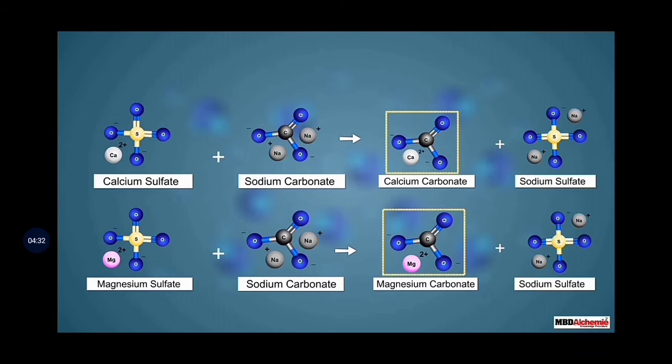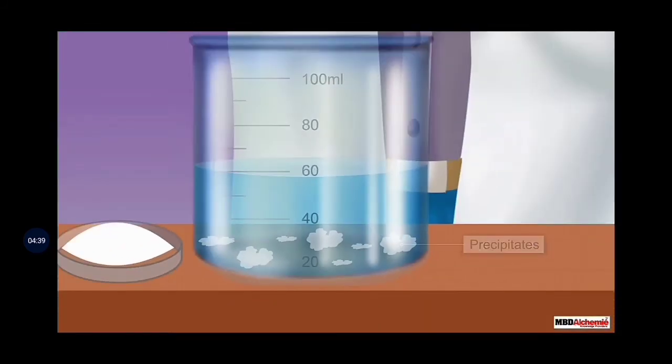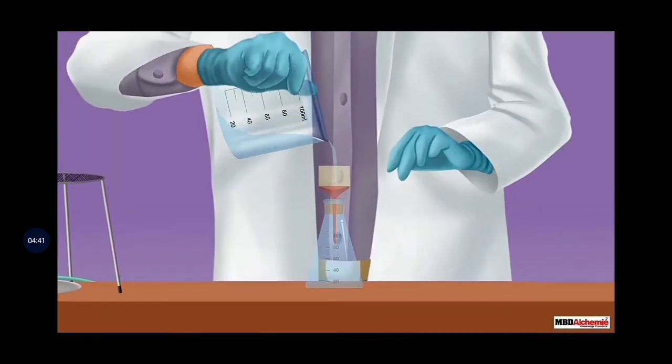The carbonate salts of calcium and magnesium do not dissolve in water and thus form a precipitate. The precipitate is removed by filtration, which frees the water of calcium and magnesium ions. And once these ions are removed, the water no longer remains hard.